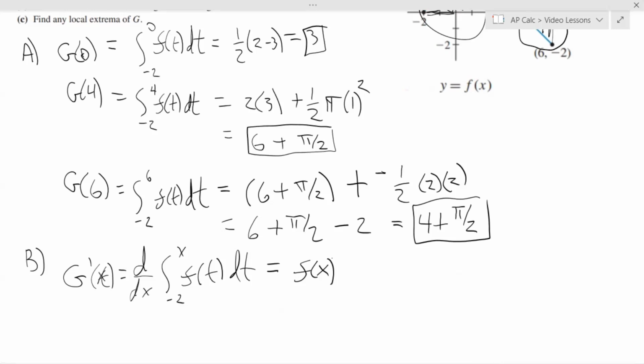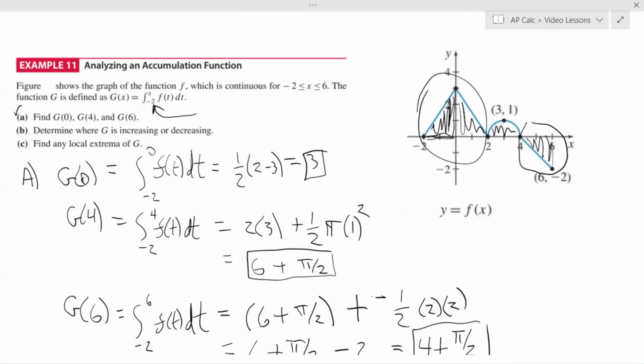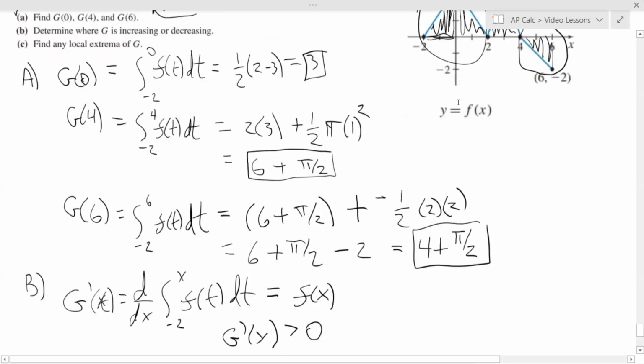Okay, so g prime is greater than 0 from -2 to 4, because the derivative's graph, or f's graph here, is positive.